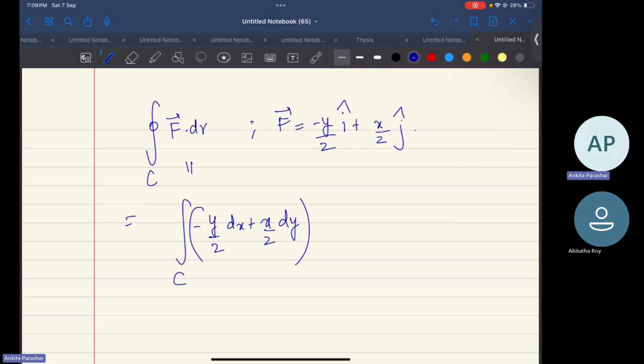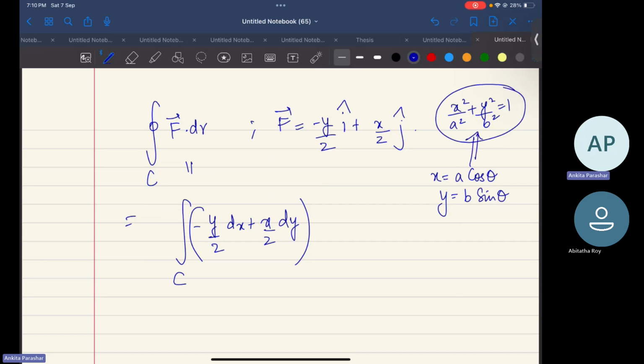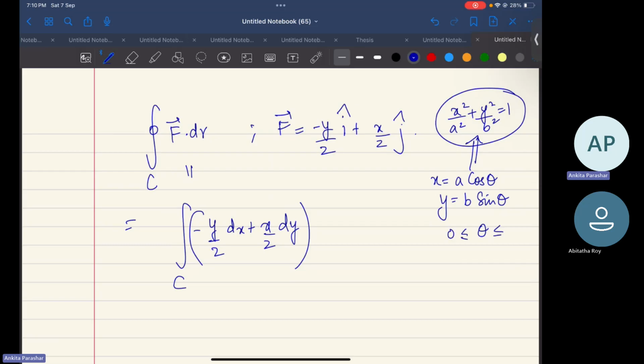I have parameterized it: x is a cos theta, y is b sin theta, and the equation of the ellipse was this. If I parameterize this way, I get x squared by a squared plus y squared by b squared equal to 1, right? This is fine. And theta varies from 0 to 2 pi. So I am parameterizing my x and y with only one parameter, theta, which varies from 0 to 2 pi. Do you agree?